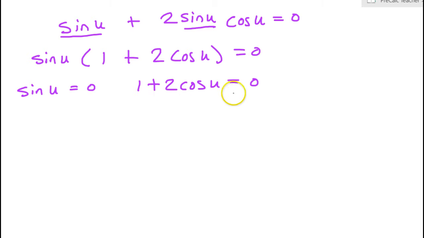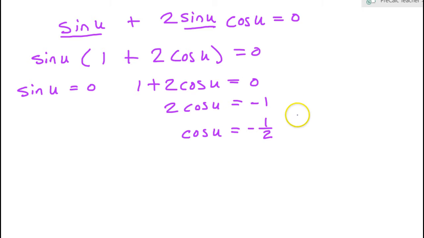Okay, so I can go ahead and get cosine u by itself. I like the fact that sine u is by itself. So if I subtract 1 from both sides, this will be 2 cosine u is equal to -1. And then if I divide both sides by 2, I'm going to have cosine u is equal to -1/2.